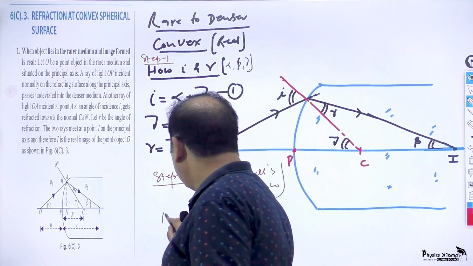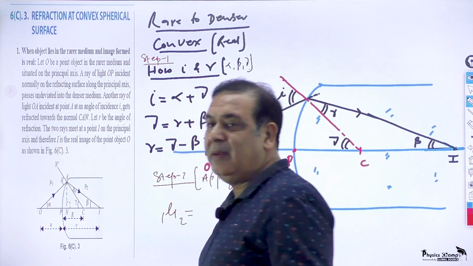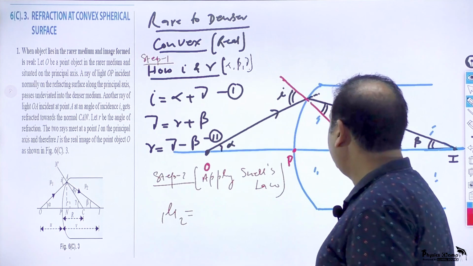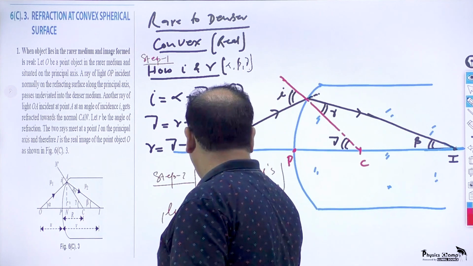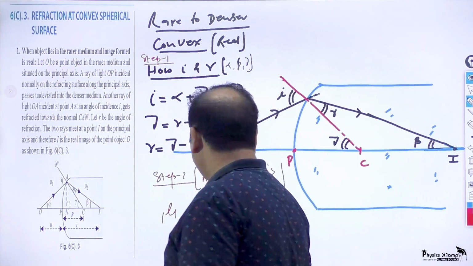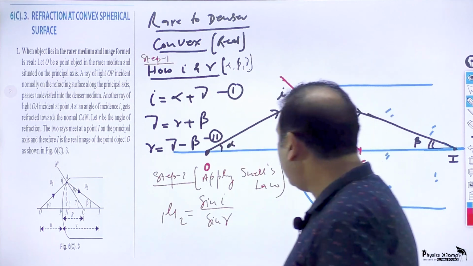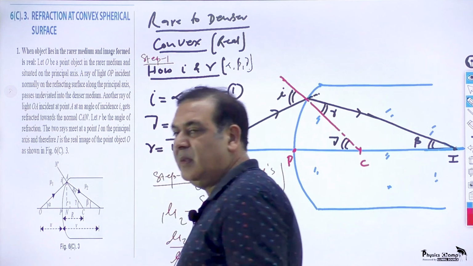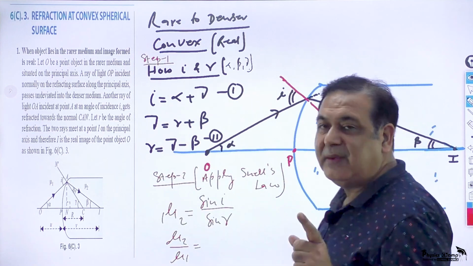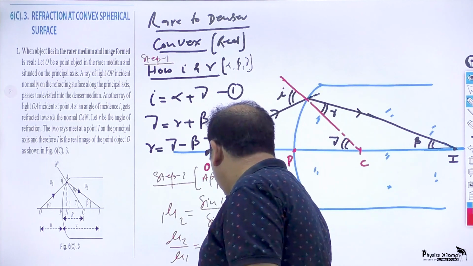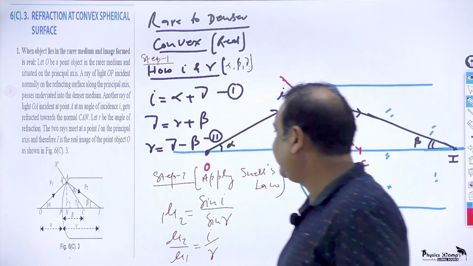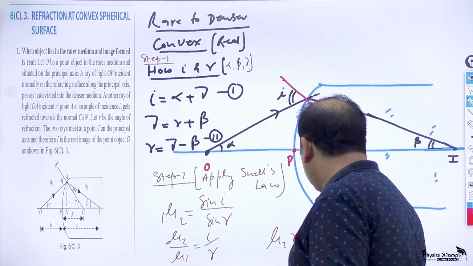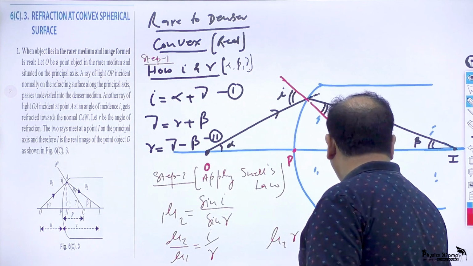We can say 1 mu 2, going from medium 1 of refractive index mu 1 to medium 2 of refractive index mu 2, is equal to sin I by sin R. And we can also call it mu 2 by mu 1 is equal to sin I by sin r, and for small angles, sin I is taken as I and sin r is taken as r. So I'm having another relation here, mu2 into r is equal to mu1 into I. So that is equation number 3.